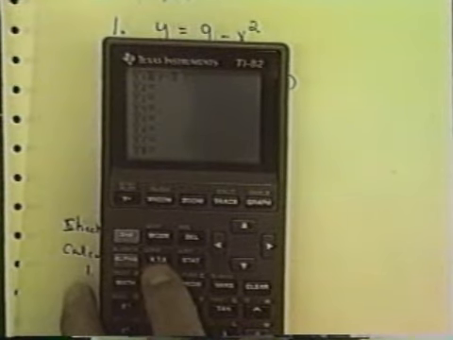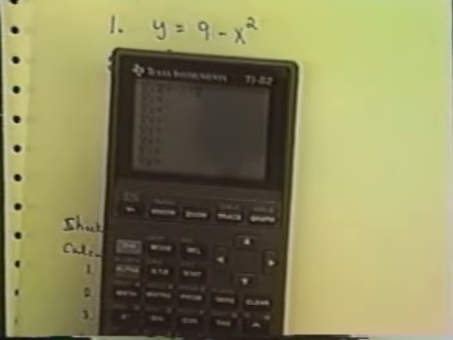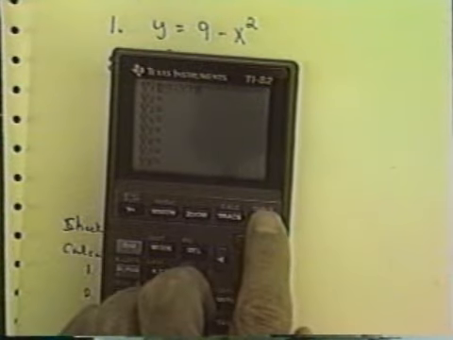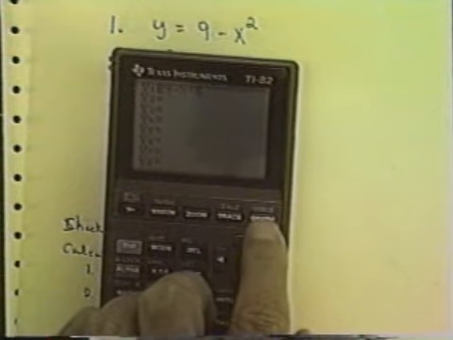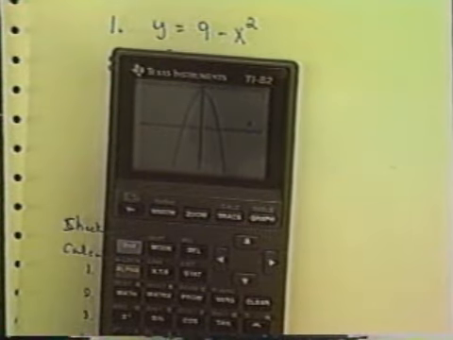This is the one to get x. And now to get x squared, we want to go over and hit the x squared button. So you can see we have y is equal to 9 minus x squared. Now to see what the graph is, I just hit the graph button, and there's your graph.